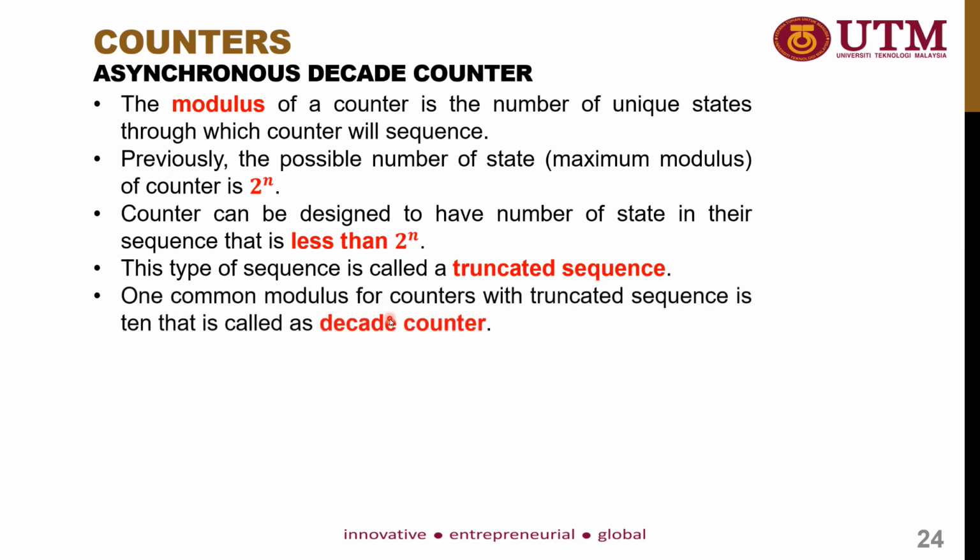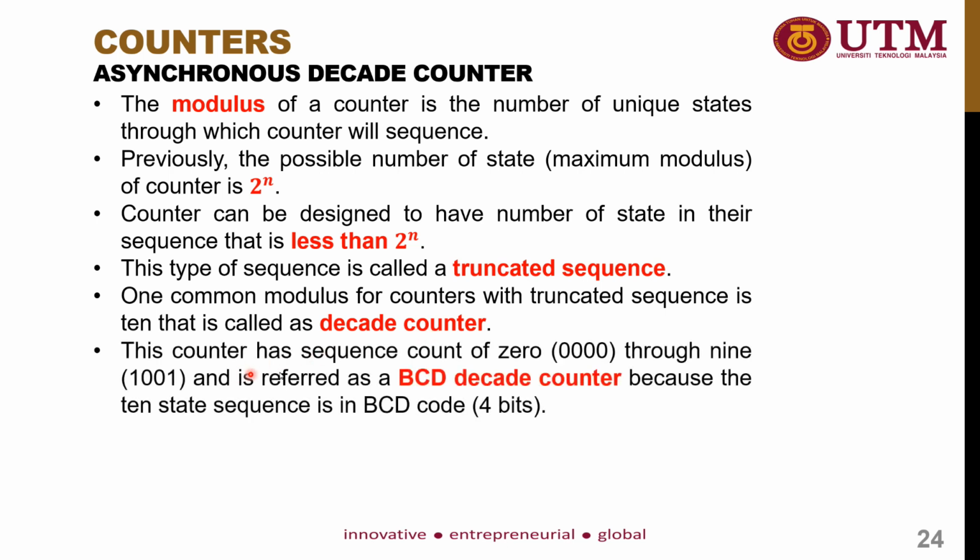One common modulus for counters with a truncated sequence is 10. That is called a decade counter. This counter has a sequence counting from 0000 through 1001, and it is referred to as a BCD decade counter because the 10-state sequence is in BCD code.